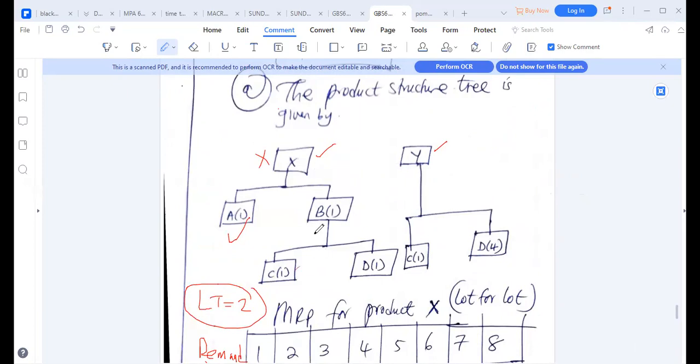C is coming from B, and it's also coming from Y. So on this one, we are supposed to combine and find one MRP for product C, because it's coming from 2 different sources.